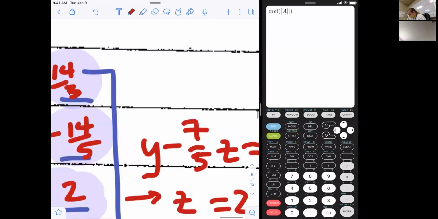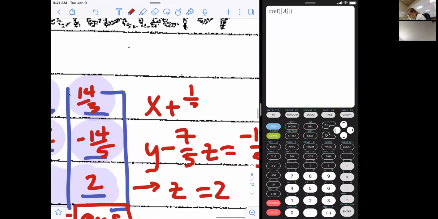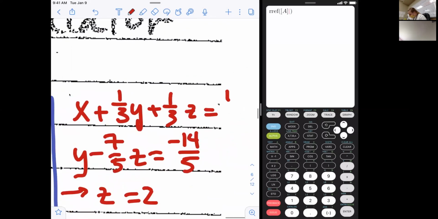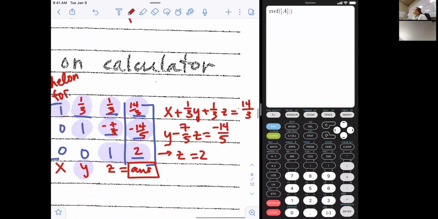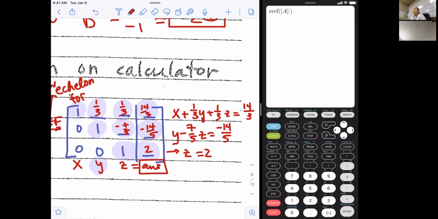So I'm going to write X plus 1/3 Y plus 1/3 Z equals 14/3. All I did was take all the numbers out of my matrix and put X, Y, and Z, and plus signs and equal signs with them.